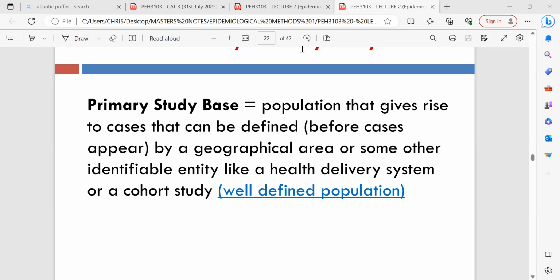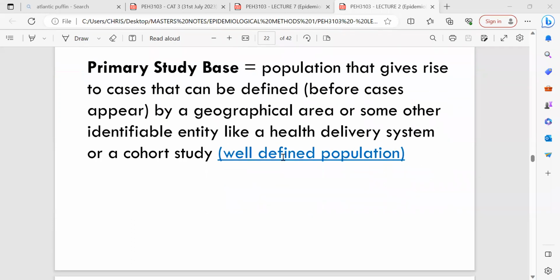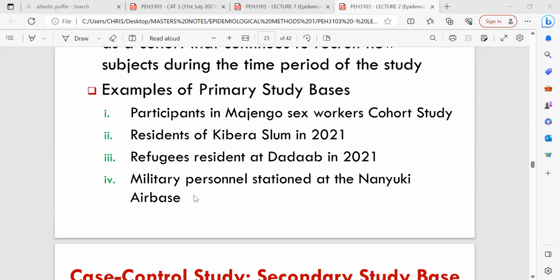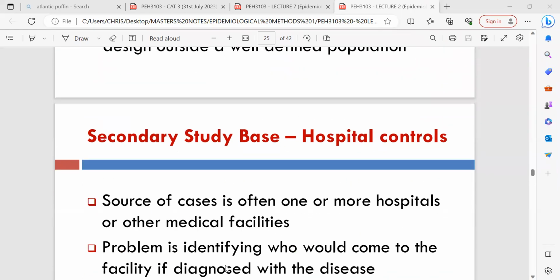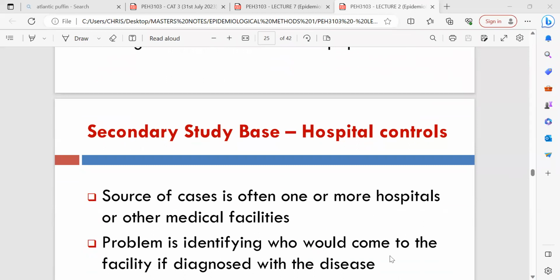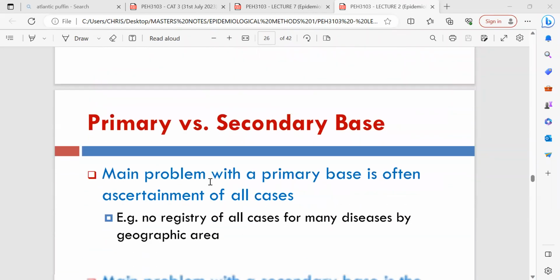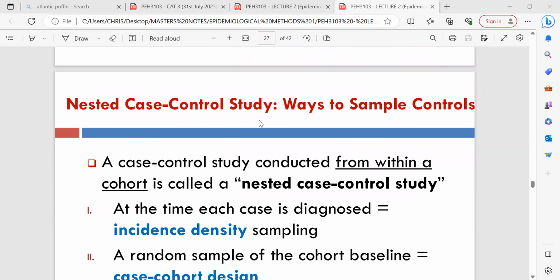Thank you, Esther, for trying to elaborate your answer further. We will consider those as well. But I want us to know if this was a primary study base or a secondary study base. We have hospital controls. Then we have nested case control study.